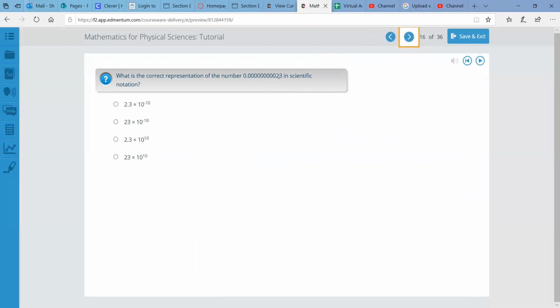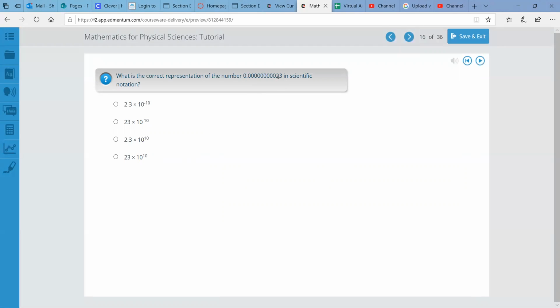So let's practice this one. This one seems quick enough. 1, 2, 3, 4, 5, 6, 7, 8, 9. Yeah, 3, 6, 9 zeros, 2, 3.